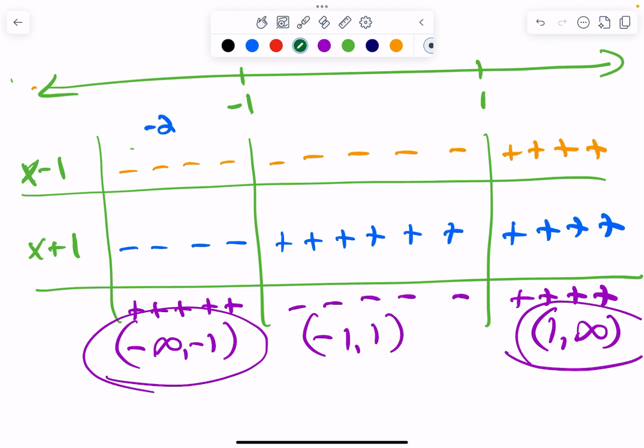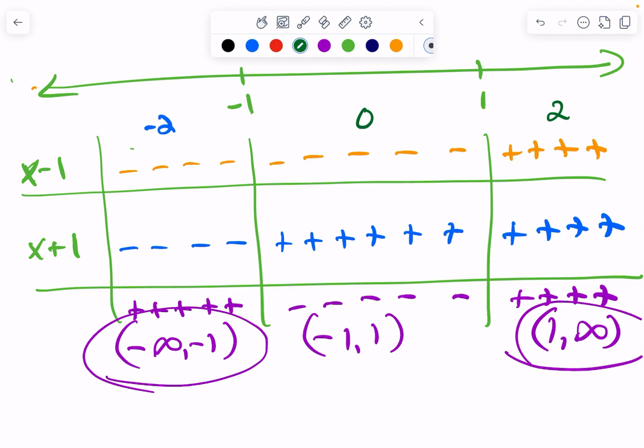If we do 0, x minus 1 is a negative, x plus 1 is a positive. And on this last interval, if we plug in 2, x minus 1 is positive, and x plus 1 is positive. And remember, this is a quotient, so it's x minus 1 over x plus 1. That's how we get the bottom line where it's positive and negative.